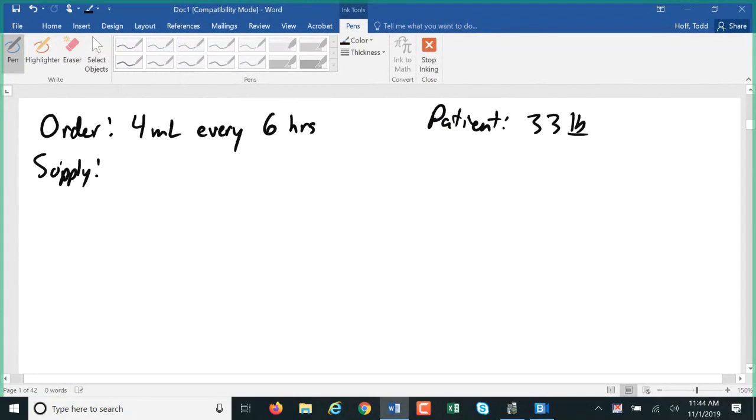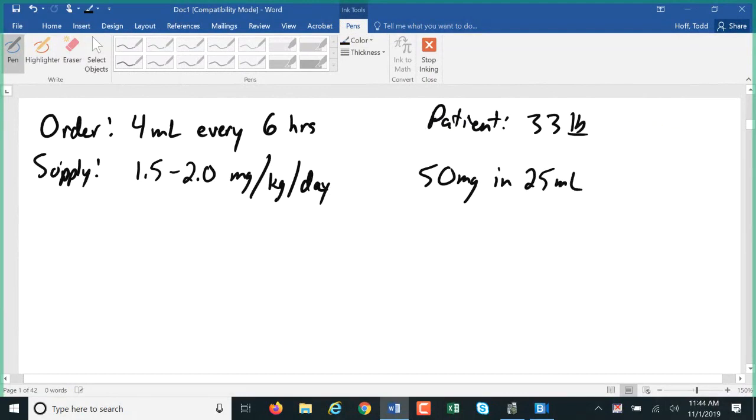And the label on our supply is telling us 1.5 to 2.0 milligrams per kilogram a day. It's constituted as 50 milligrams in 25 milliliters. Check to see if that is a safe dose.